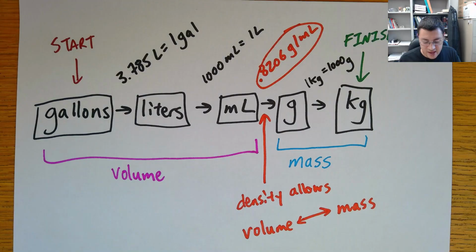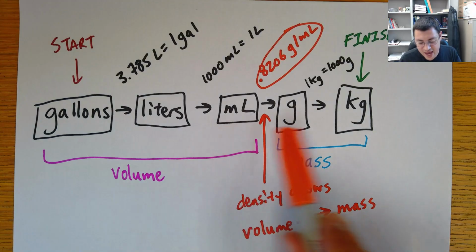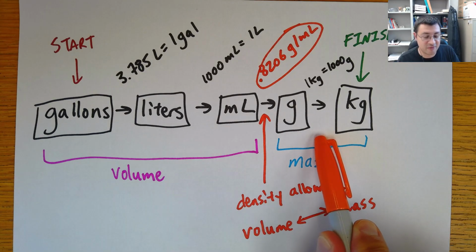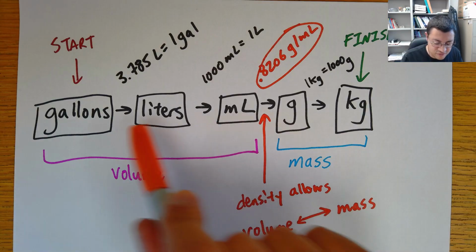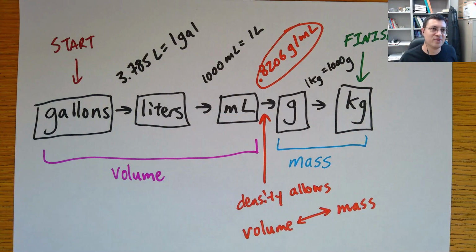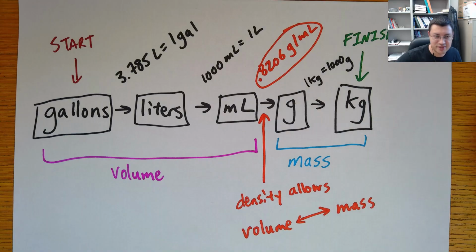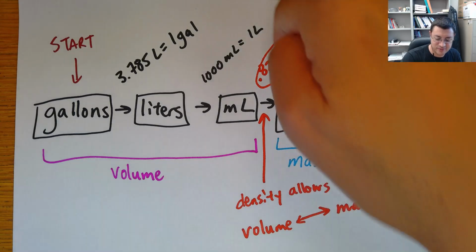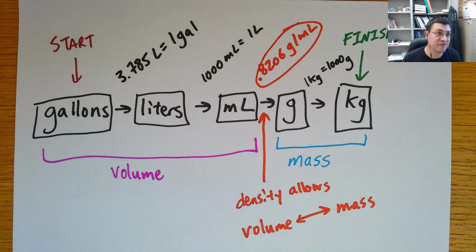And going from volume to mass to me is the key in this problem. For me, changing between other volume units or other mass units, I consider that busy work, or it's just changing the way the unit is. That can be done. But this is for me the key piece of information.